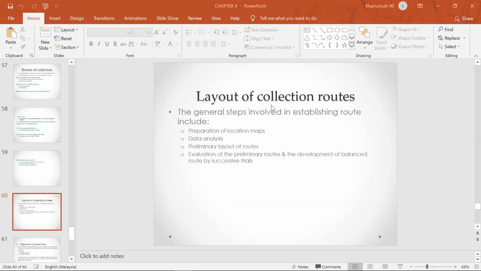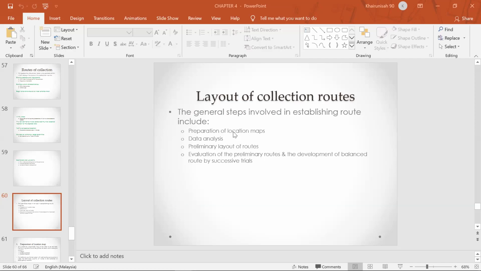The next one, layout of the collection routes. The steps generally involved in establishing a route include the preparation of location maps, data analysis, primary layout of the routes, evaluation of the primary routes, and the development of balanced routes by successive trials. Based on this layout, some form of geographic information system (GIS) is now used to identify each customer's location.